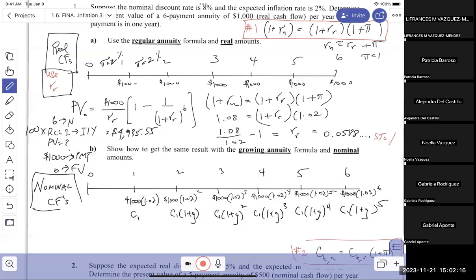So the growing annuity formula is, again, PV0. And the rule is when you have nominal cash flows, you use the nominal rate of interest or discount rate.